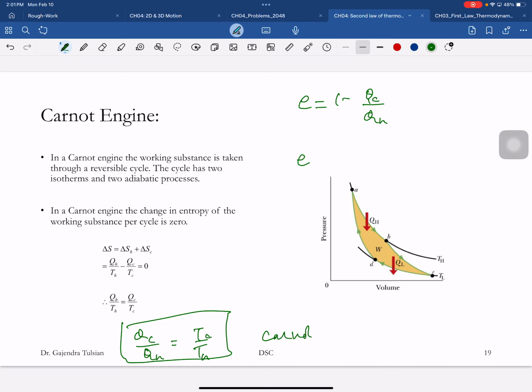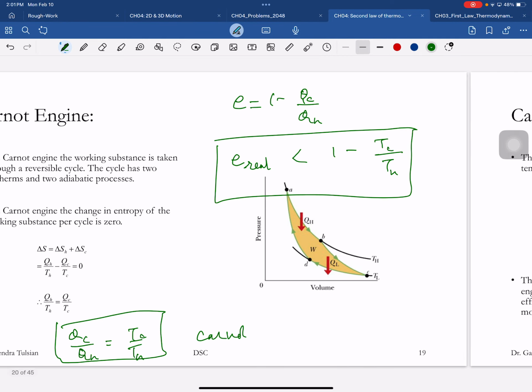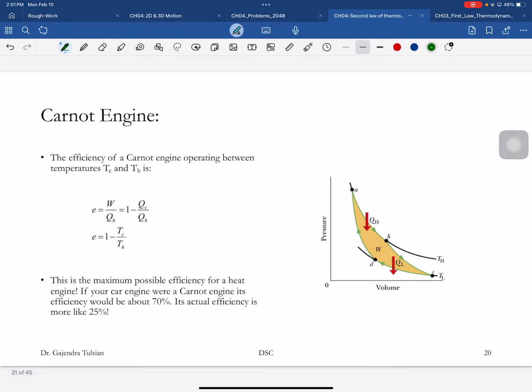So the efficiency of all real engines is less than 1 minus TC by TH. So this is the maximum possible efficiency for a heat engine.